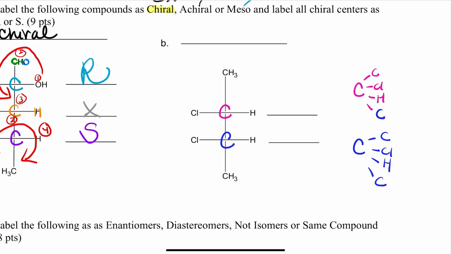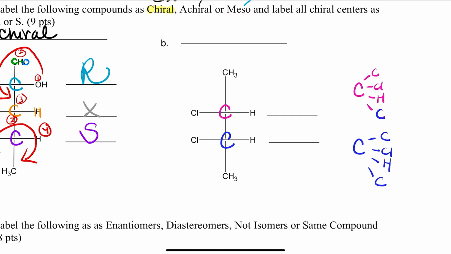So, is it chiral or is it meso? Well, if I split it, do I have symmetry? Here, if I split it right here and fold it over, it would be a chlorine folding over a chlorine, a hydrogen, and a CH3 and a CH3. It definitely has a plane of symmetry. That means it's meso.